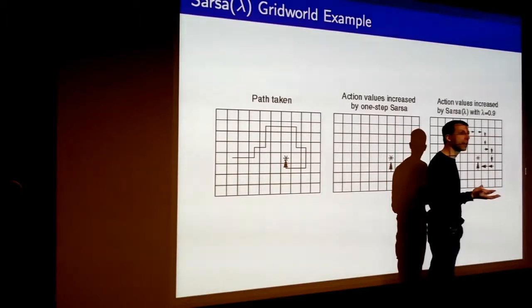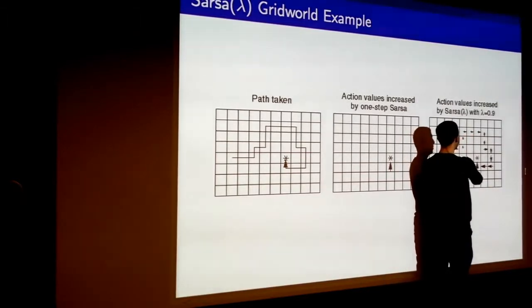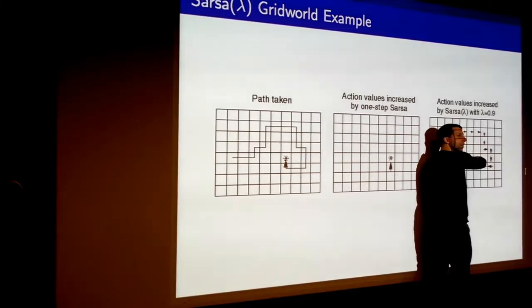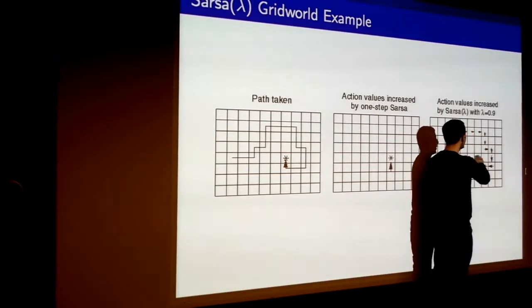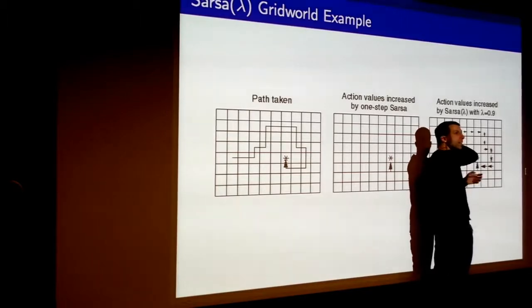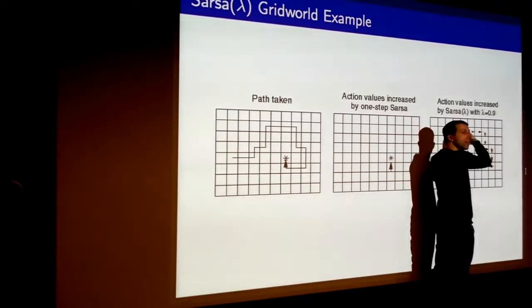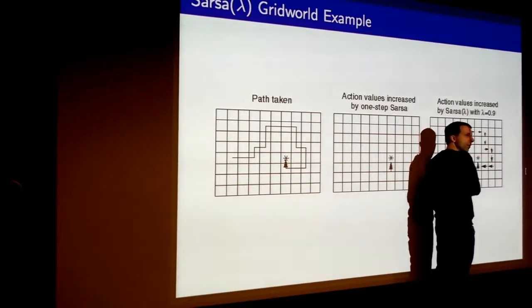What would happen with Sarsa lambda is that nothing would happen until you hit your first reward, and then immediately all of these guys would be updated, even though you haven't finished your episode. You would carry on until you hit your next informative event. Then everything would be updated because of that, and you would carry on.